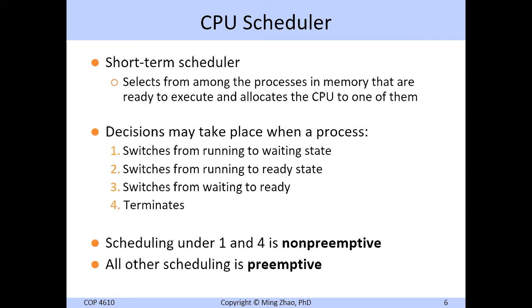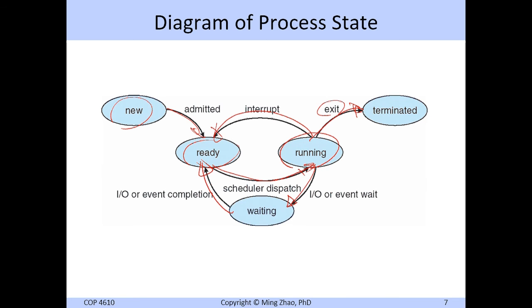The CPU scheduling decision may take place when a process switches from running state to waiting state. That's the first case. This happens here.